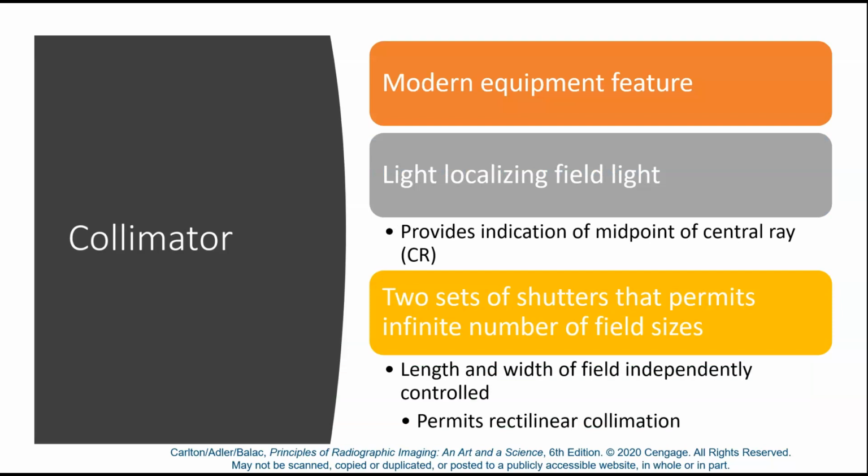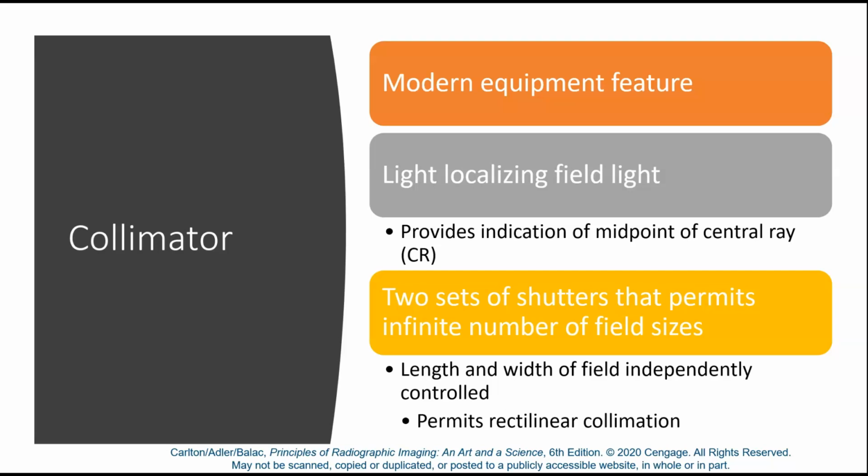So how about a collimator? This is what we're using in today's world. We have these collimators. They're variable, so we can adjust the sizes, and it has a light that represents the exposure field. So it has a light that comes out of the collimator box that matches the X-ray field size.